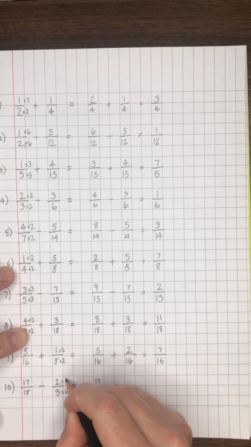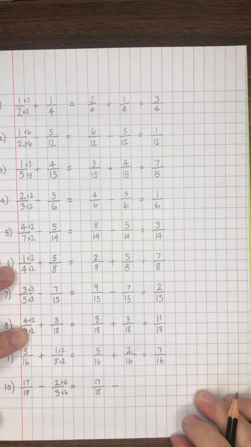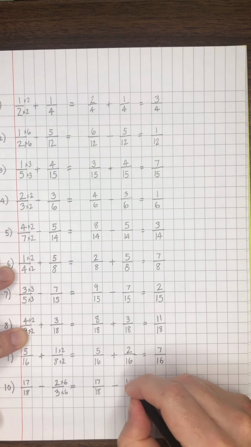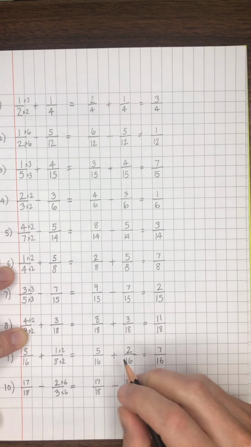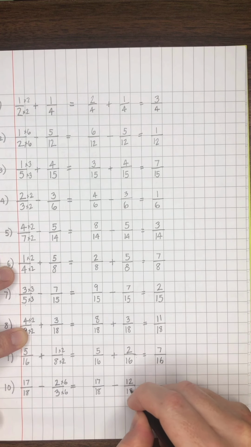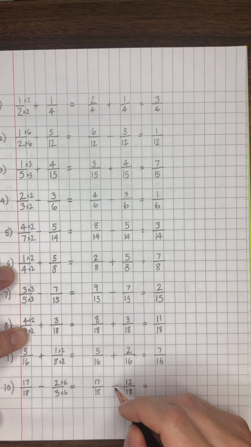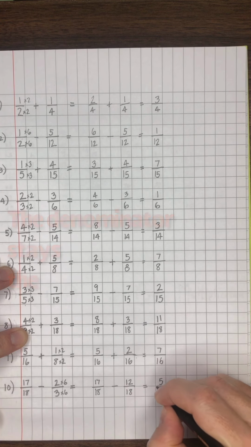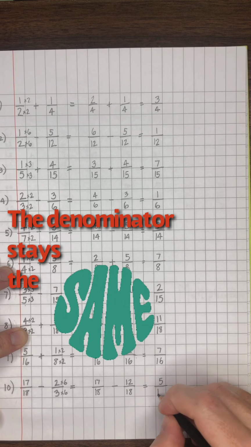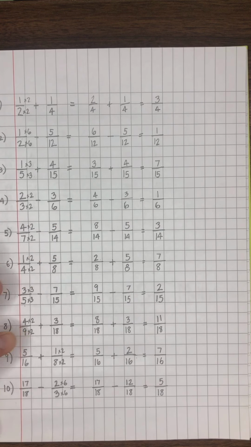Whatever we do to the denominator, we must do to the numerator. 6 times 2 is 12. 3 times 6 is 18. And we subtract the numerators. 17 minus 12 is 5, and the denominator stays the same.